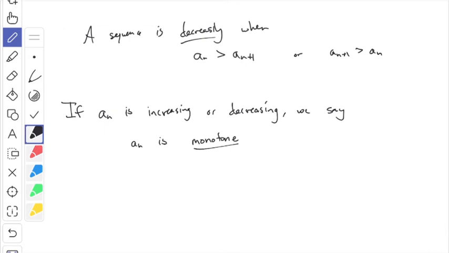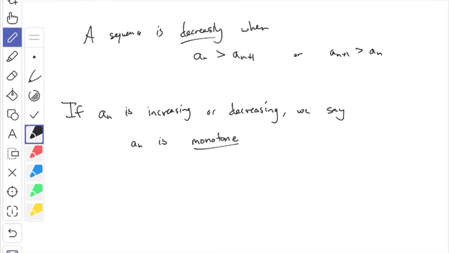So a sequence is monotone means it's either always getting bigger, or always getting smaller. That is, either increasing or decreasing. Monotone? Yeah. If you're just steady, right? That's a more positive way of calling somebody monotone. All right?